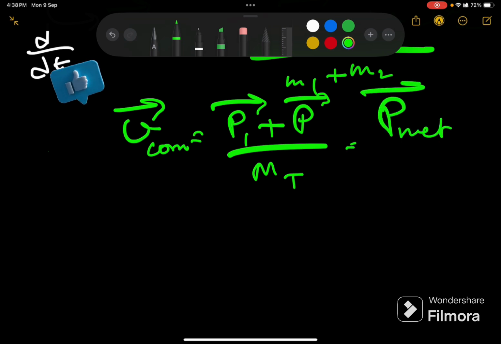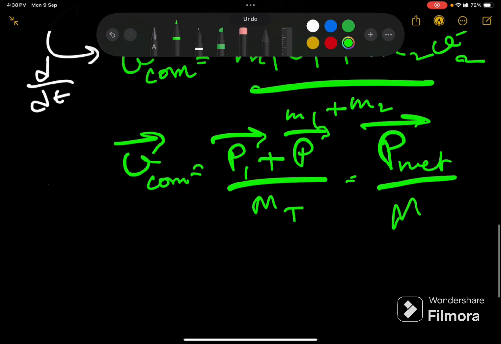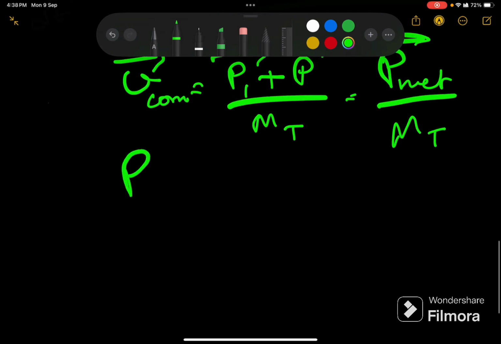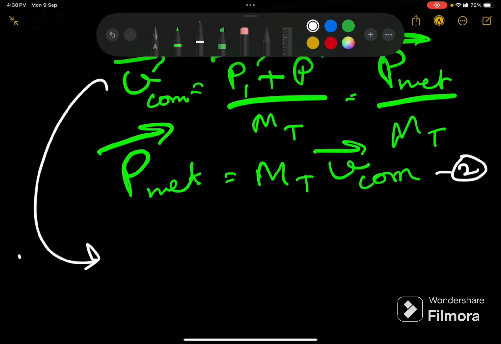P net is the total momentum. So P net equals total mass into velocity of center of mass. You get another formula. Let's differentiate this one with respect to time to get acceleration.